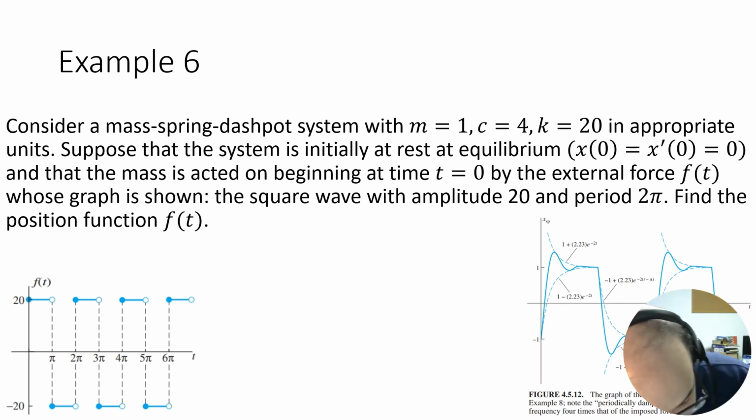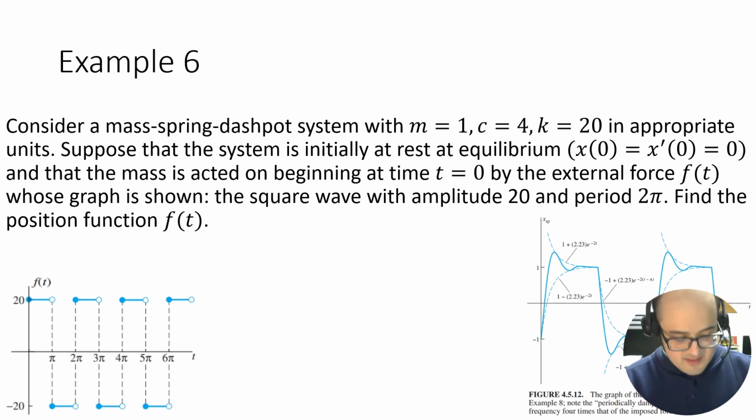So in this example 6, we want to consider a mass spring dashpot system. M is 1, C is 4, K is 20 in appropriate units, and we suppose this system is initially at rest at equilibrium, x of 0 equals x prime of 0, both being 0, and the mass is acted on beginning at time t equals 0 by the external force f of t, whose graph is shown on the bottom left.